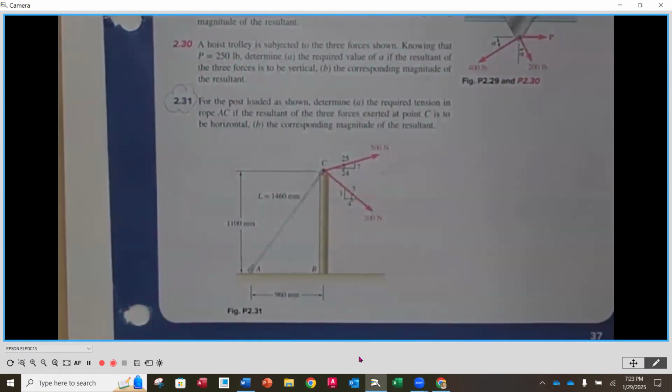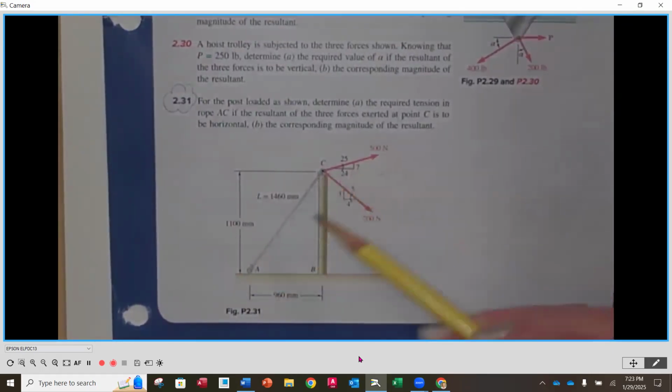Okay, we want to determine the required tension in rope AC if the resultant of the three forces exerted at C is to be horizontal. And then what is the corresponding magnitude and the resultant of those two forces? Okay. So that one, again, rectangular component method. All right. But what is the tension in AC?